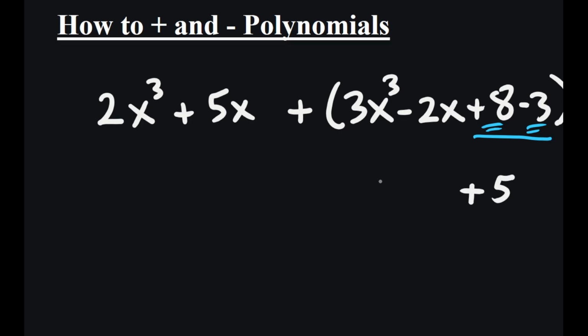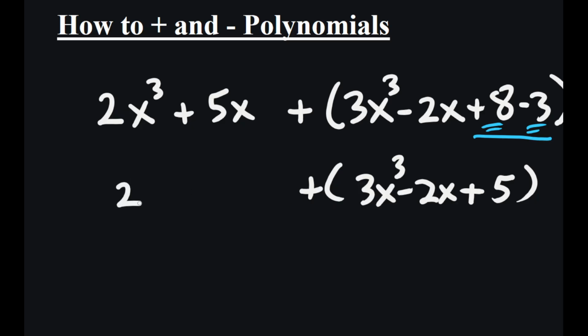And let's write the rest of it down: 3x to the third minus 2x plus 5. Keep the parentheses around it. Let's drop everything else down: 2x to the third plus 5x.